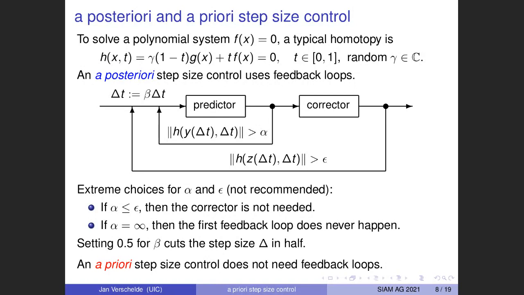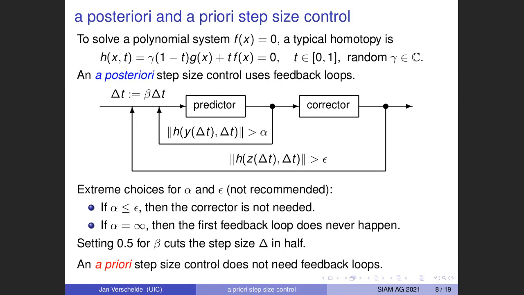And you can see there are two feedback loops here. You do not go into the corrector stage if the predictor gives you a residual that is way too high. And also you will cut back the step size if the result from the corrector gives you a residual that is too large.